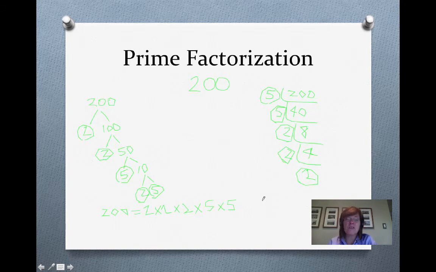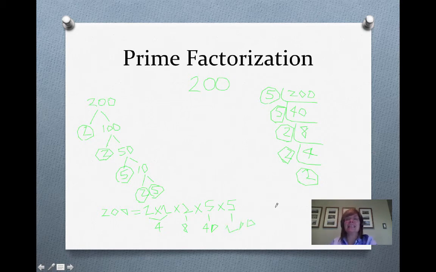Looking pretty good so far. Now let's check our work. 2 times 2 is 4. 4 times 2 is 8. 8 times 5 is 40. And 40 times 5 is 200.